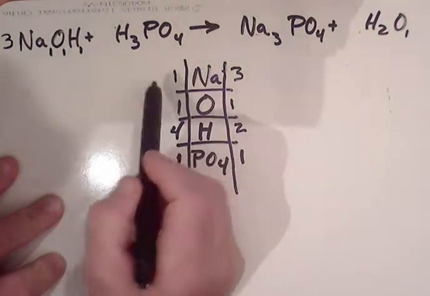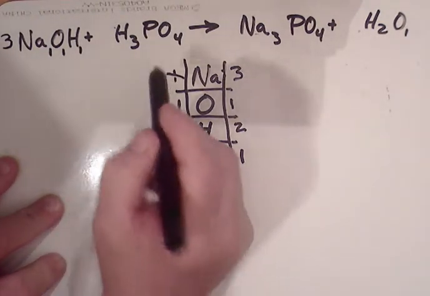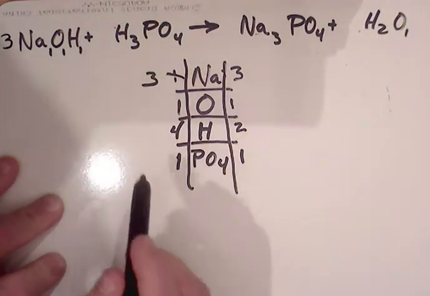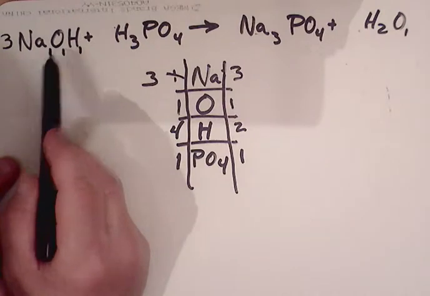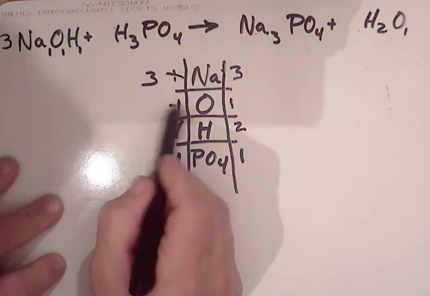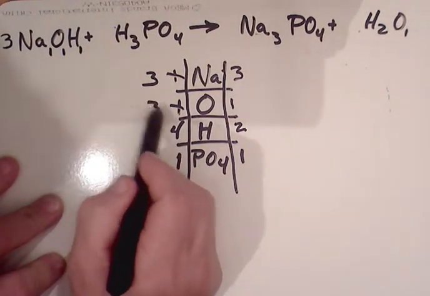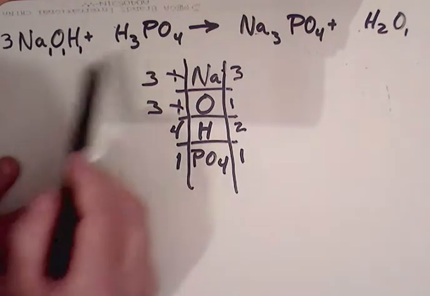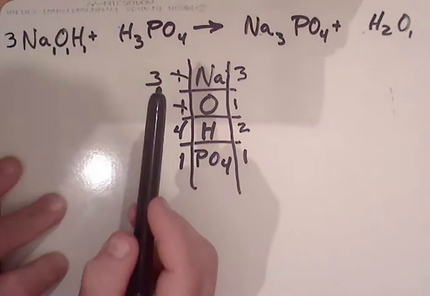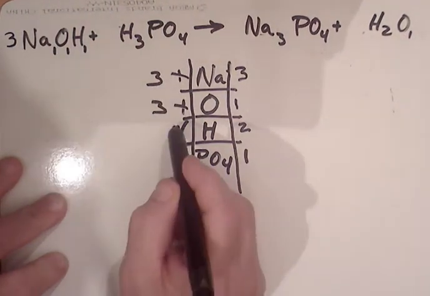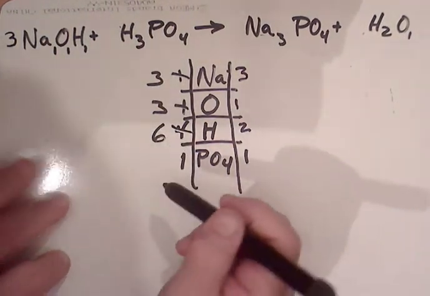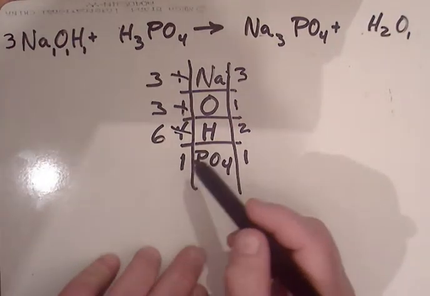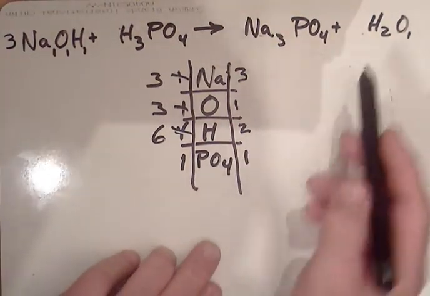So 3 times 1 is 3. 3 times 1 oxygen is 3. 3 times 1 hydrogen is 3, but we have 3 more over here, so that gives us 6 hydrogen. And then we're going to leave the PO4s for the moment.